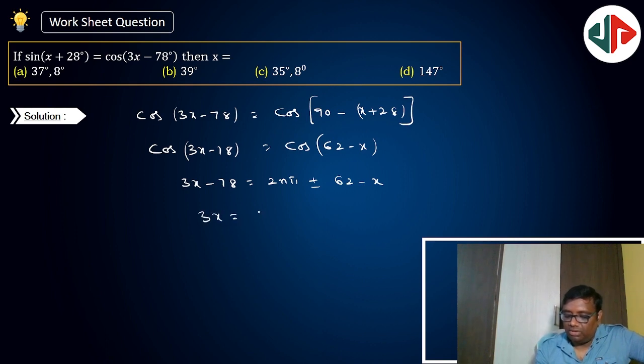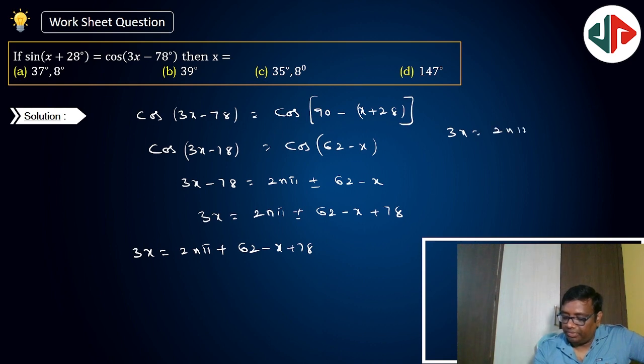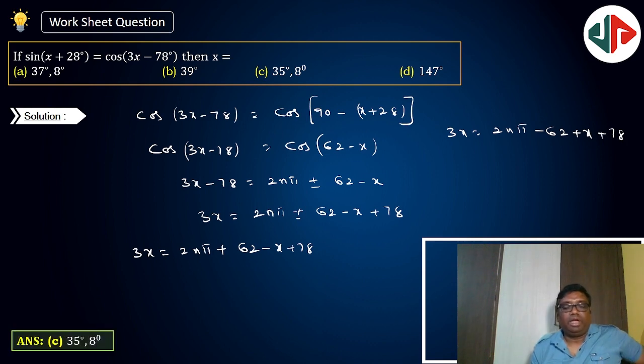So 3x is equal to 2n pi plus or minus 62 minus x plus 78. You take the plus value and simplify: 2x is equal to 2n pi plus 62 plus 78. And the minus value: 3x is equal to 2n pi minus 62 plus x plus 78. You simplify, we'll get x values are 35 and 80.